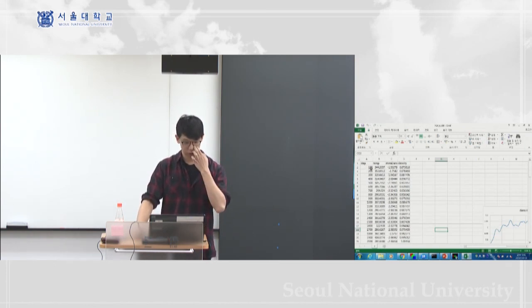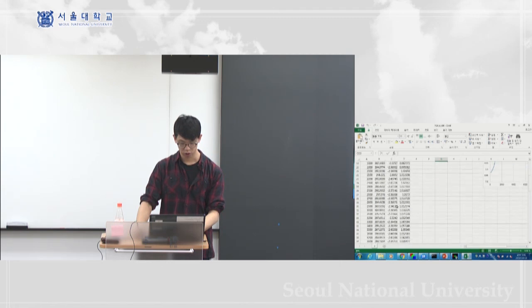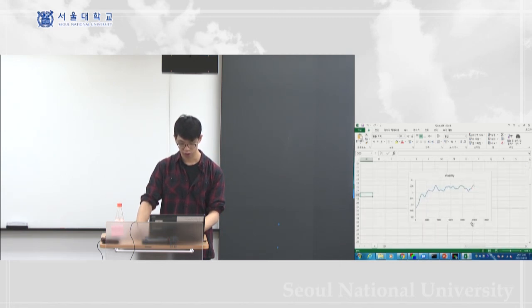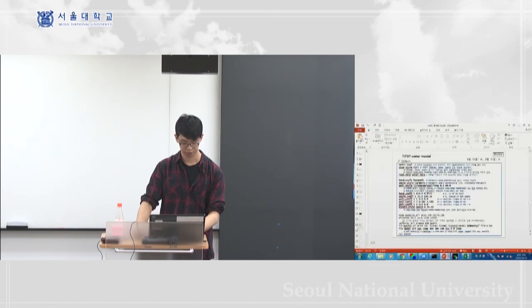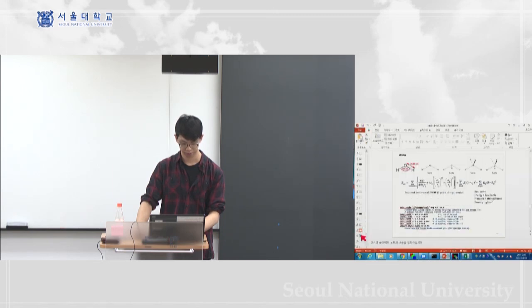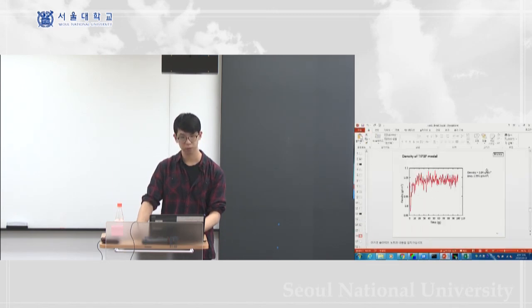You make it print out the steps, temperature, total energy per atom, and density. So you can draw the relation of steps and density here, and you get the equilibrated density of the water. Like here, you can get the density.